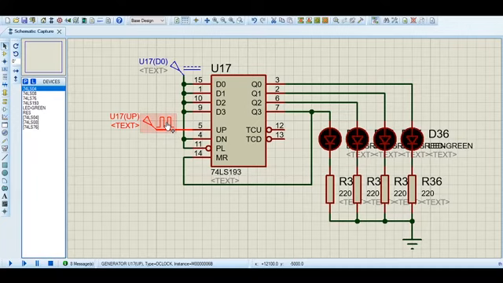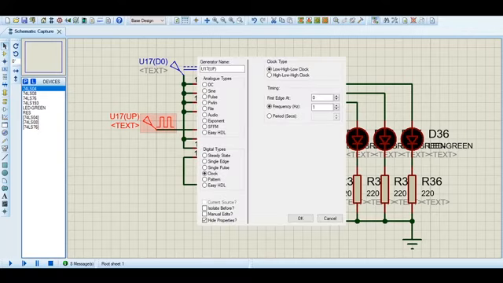Just like this. You can simply change the frequency values here. For this particular example, let's leave it at 1 Hz.